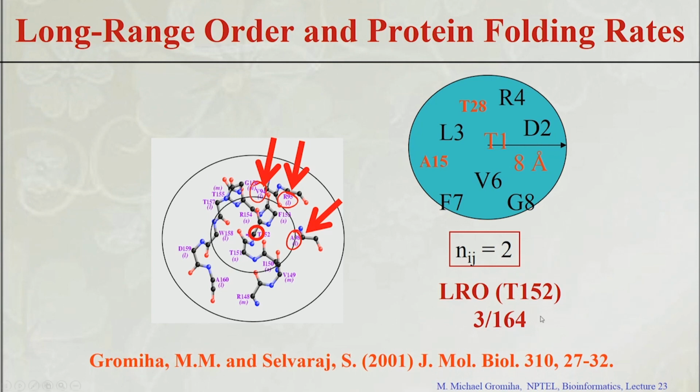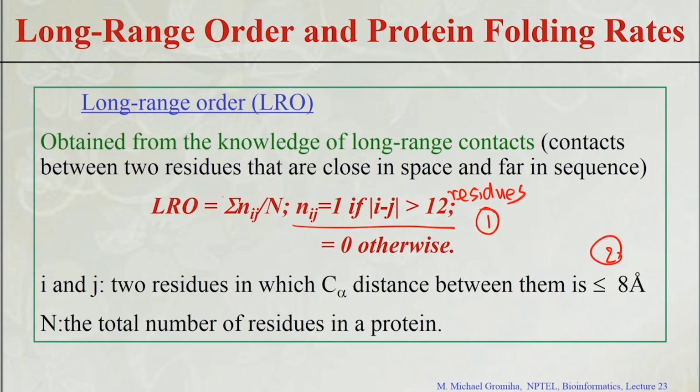Do it for all the residues, and finally divide by n. First you do the summation of Nij for each of these residues, sum up together, and then normalize with n to get the LRO.